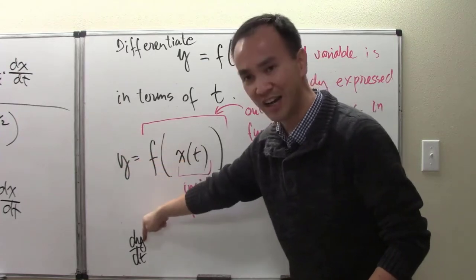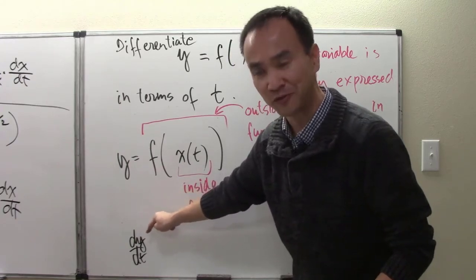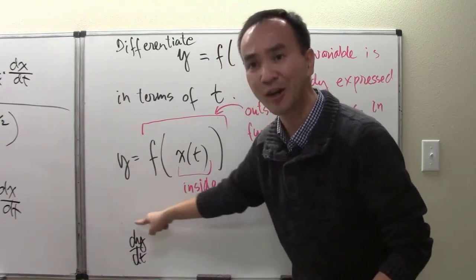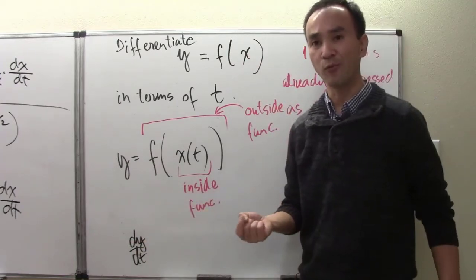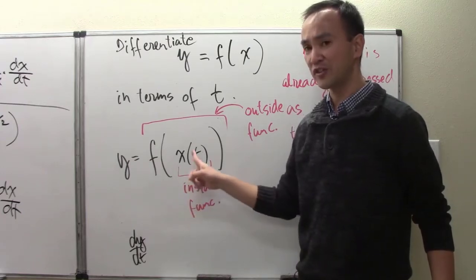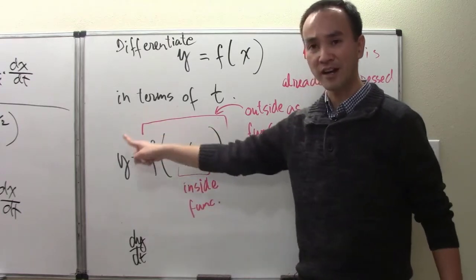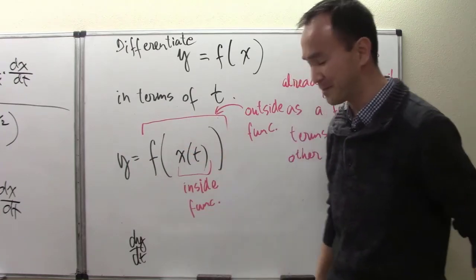And that's why it is completely legal to find dy/dt, the derivative of y in terms of t. But let's look at the structure of this current form I'm writing right now. There's an outside and there's an inside. I brought that in for a purpose.